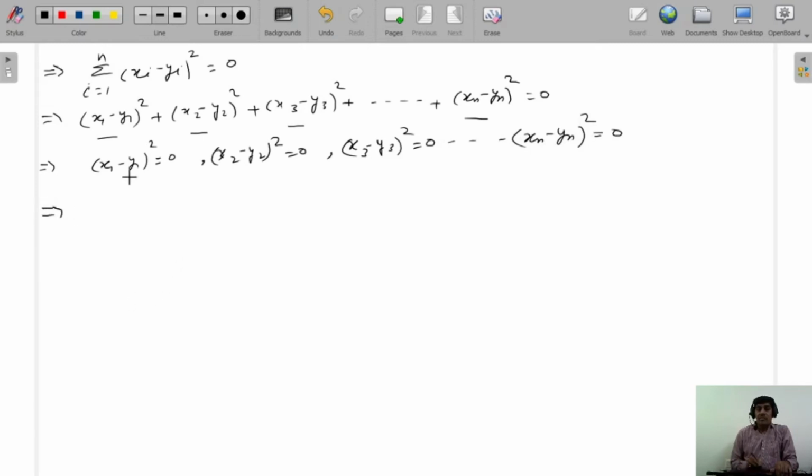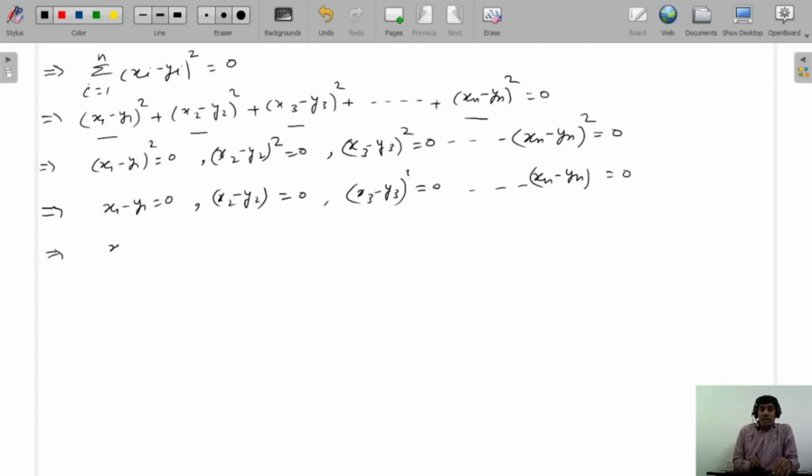This implies x1 − y1 = 0, x2 − y2 = 0, x3 − y3 = 0, and xn − yn = 0. This implies x1 = y1, x2 = y2, x3 = y3, and so on, xn = yn.